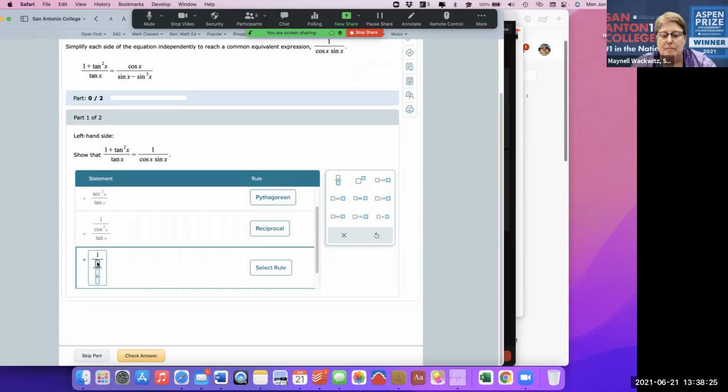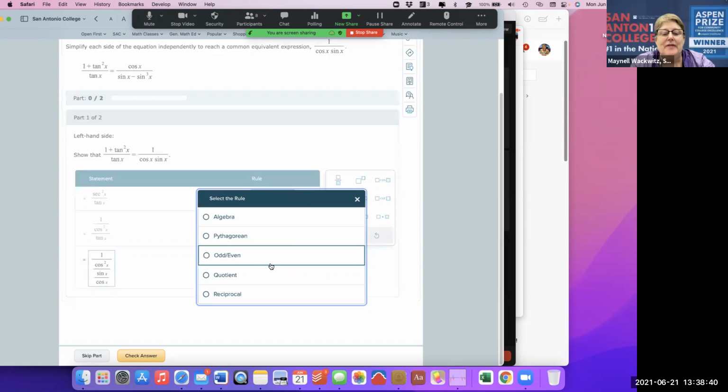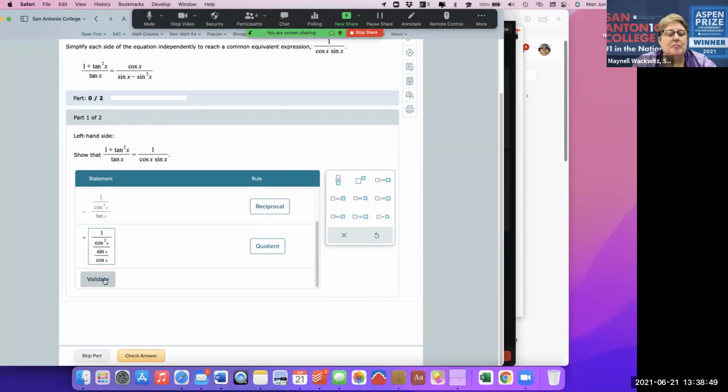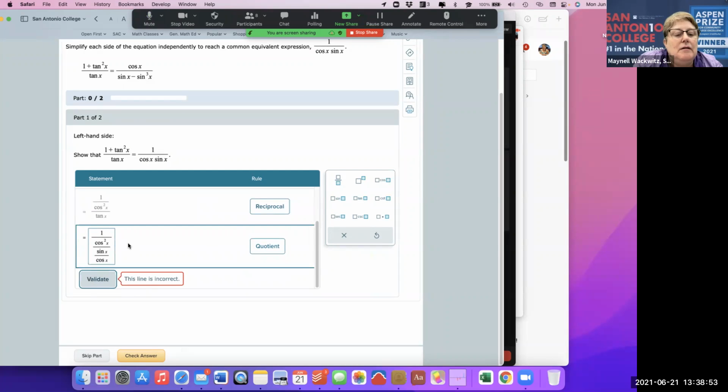Now I'm going to write 1 over cosine squared x divided by, and what was tangent? Sine x divided by cosine x. Excellent. And that is which kind of identity? Excellent. Oh, sorry. Validate. What? Oh, I see why. It's so frustrating.